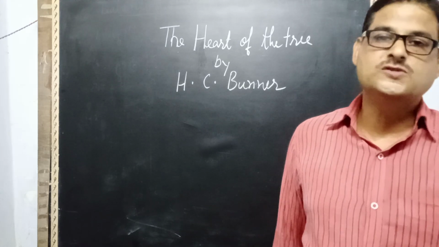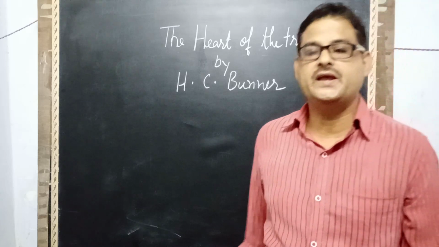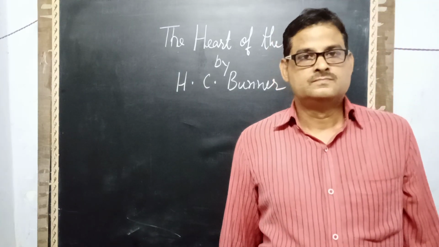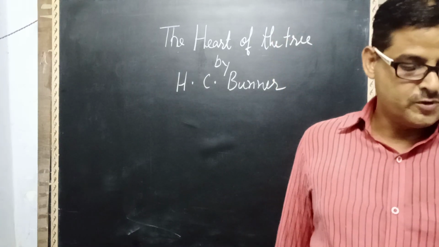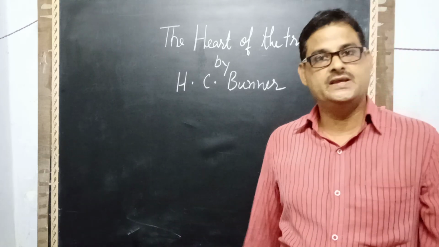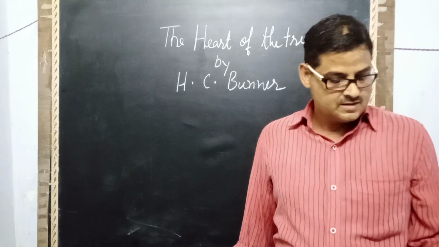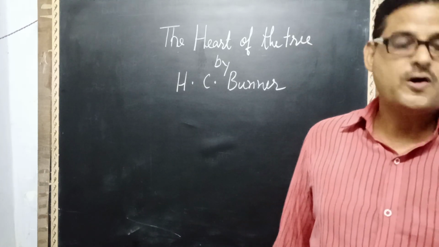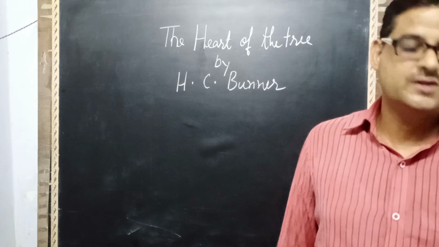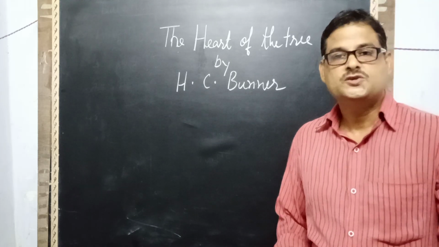As I said, cool shade, tender rain. One more phrase used in the poem is a friend of sun and sky. Another phrase, forest heritage. Here the metonymy figure of speech is used.